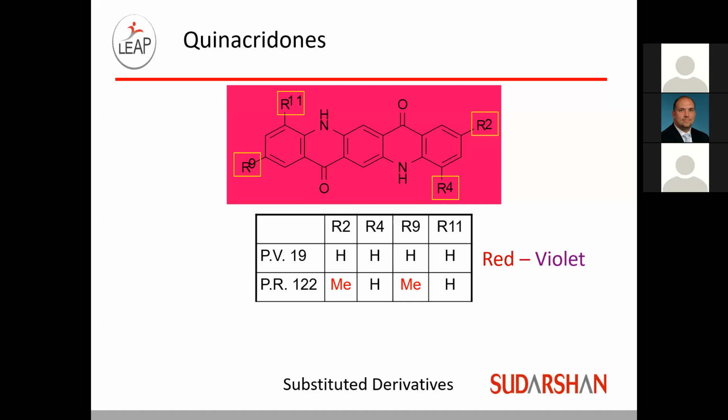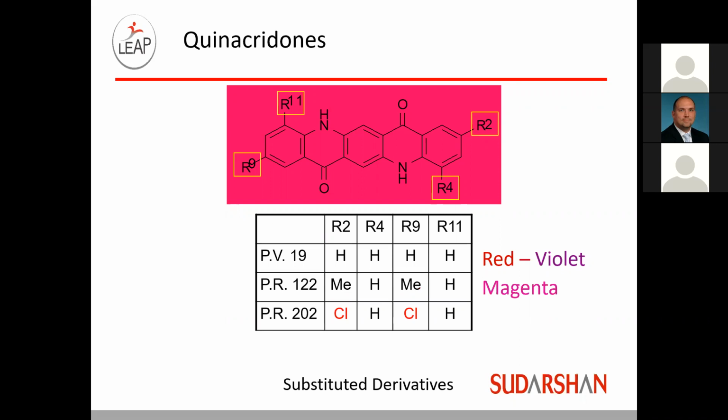So we're talking about the derivatives of the Violet 19 backbone. If we start with the Violet 19 and we add methyl groups to the number 2 and the number 9 positions, that will create Pigment Red 122, which is a nice magenta color.